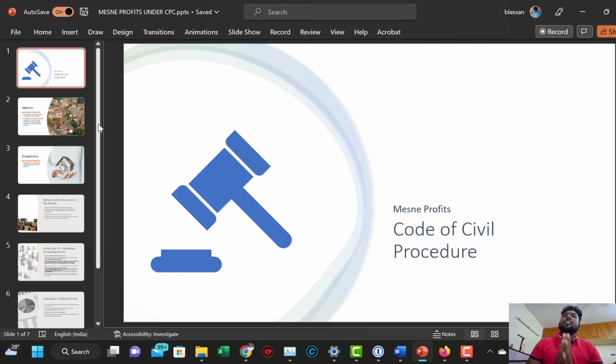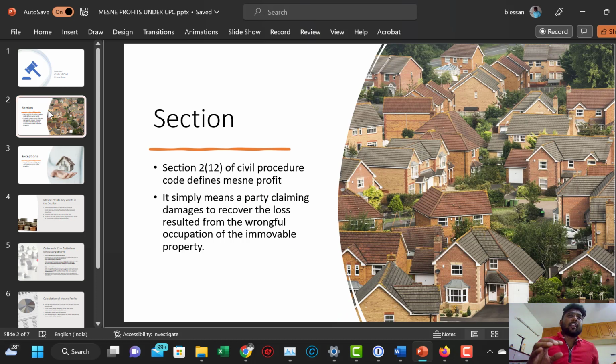So today the topic is Mesne Profits. Let me straight away explain what Mesne Profit is under the Civil Procedure Code. Section 212 of the Civil Procedure Code defines Mesne Profit.